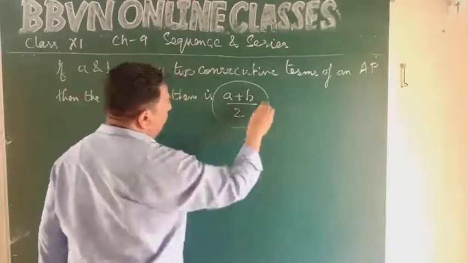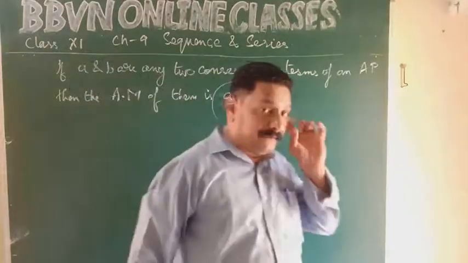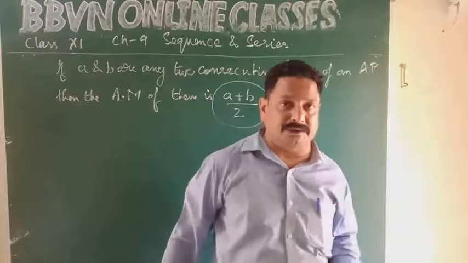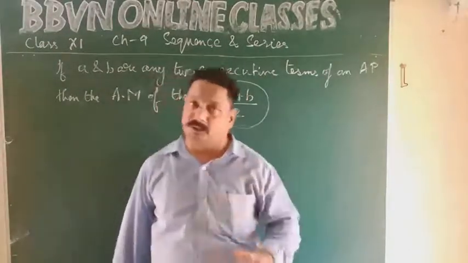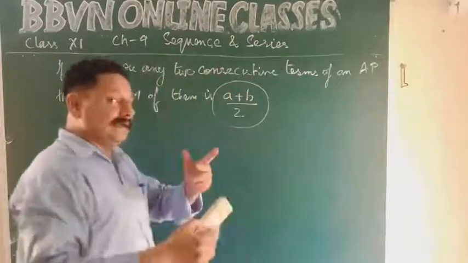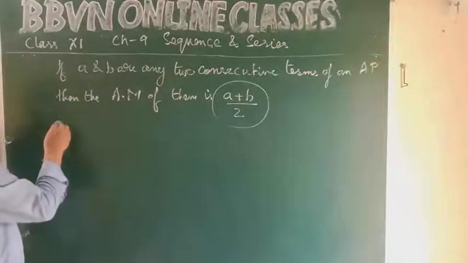A and b are any two consecutive terms of an arithmetic progression, then the arithmetic mean will always be a plus b upon 2. This is arithmetic mean. Let's see a geometric progression.